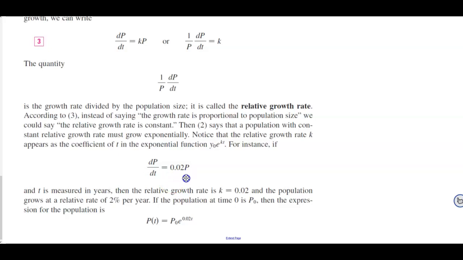By converting that to a percentage, we can say that the population grows at a relative rate of 2% per year. So if the population at time 0 is P sub 0, or the initial population, then the expression for the population is the following: P(t) equal to P(0), the initial population, times e to the power of 0.02t.